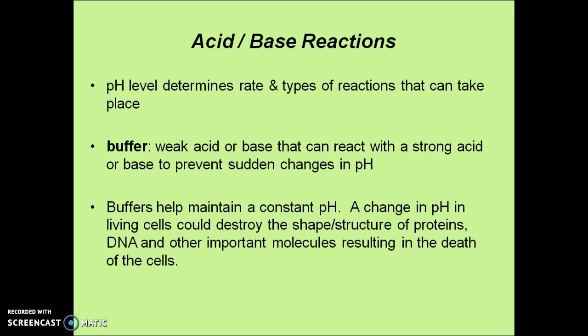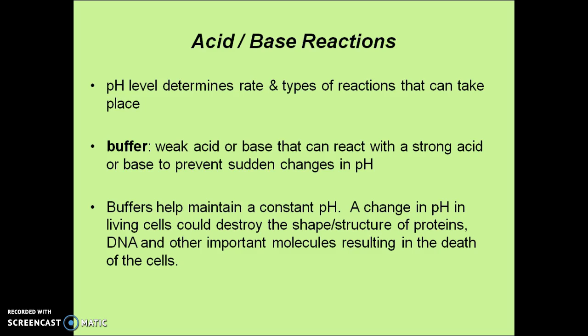They're actually weak acids and bases themselves that can react with a strong acid or base that your cell comes into contact with. Like, let's say, God forbid, you drank some battery acid. The buffers in your body would go to work very quickly to try to make adjustments and bring the pH back to normal.